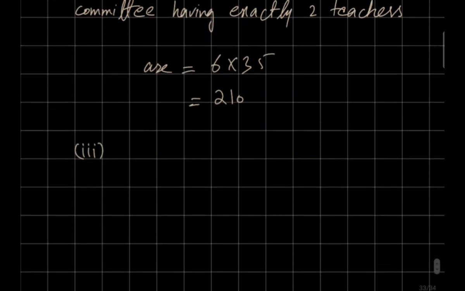Now in the third part, we have to take at least 3 teachers. Since there are a total of 4 teachers, we can take 3 teachers or we can take 4 teachers. So we will find the number of ways in which we can choose 3 teachers, and then the number of ways in which we can choose 4 teachers, and then we will use the sum rule of counting.